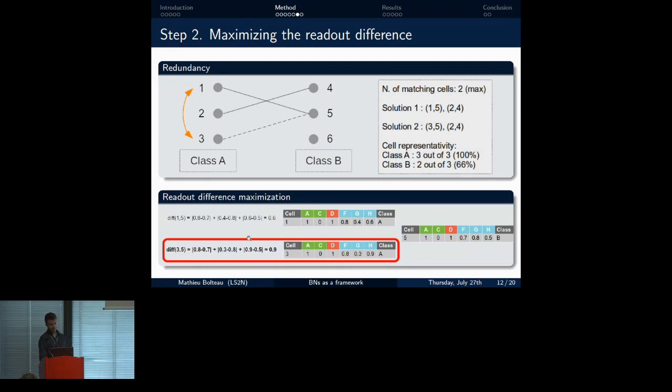And here, for this example, with this type of calculation, the program will select the cell number 3.